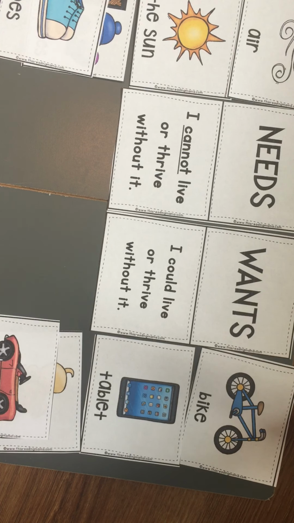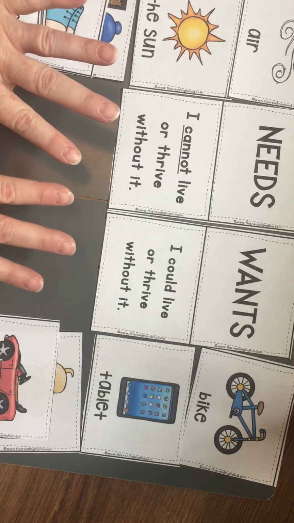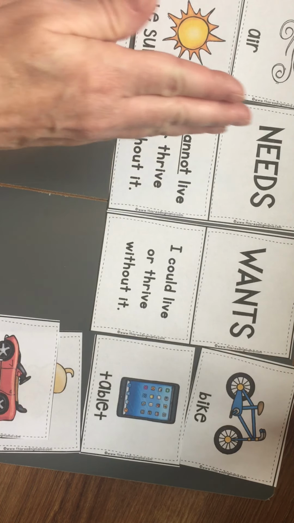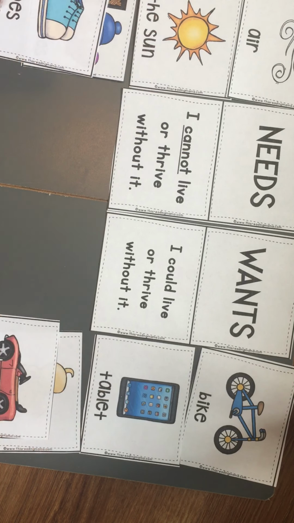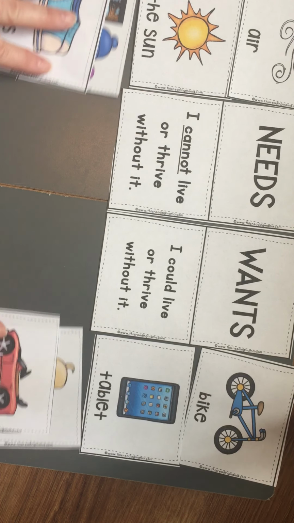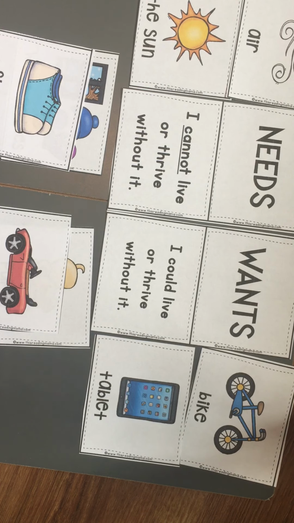Okay, so I think we've got a pretty good understanding about wants and needs. And today you have a worksheet similar to this where you're going to divide the needs and the wants that are on the worksheet. If you have any questions about your needs and your wants, you can feel free to email me or we can talk about it when we Zoom or FaceTime.